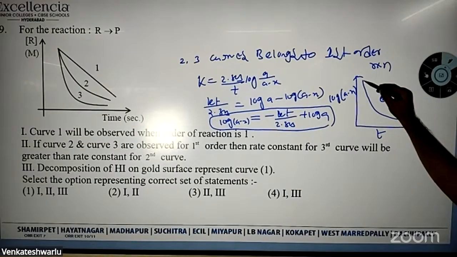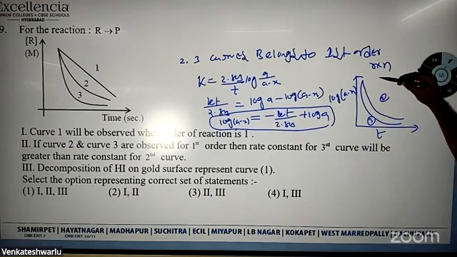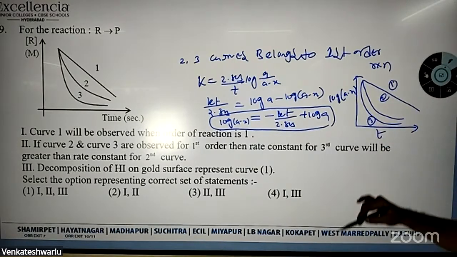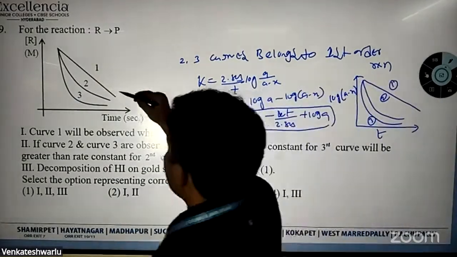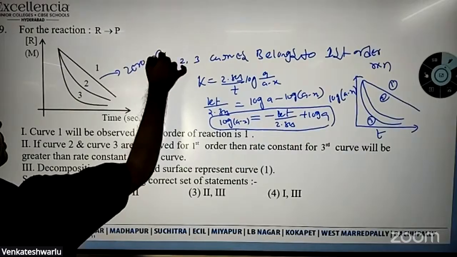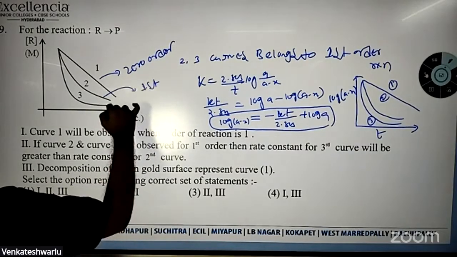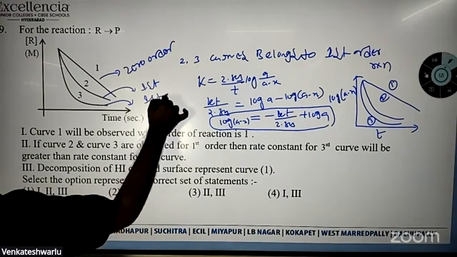Now another equation is also first order. Both 2 and 3 are related to first order. The straight line is a zero order reaction. The second one is first order and the third one is also first order.